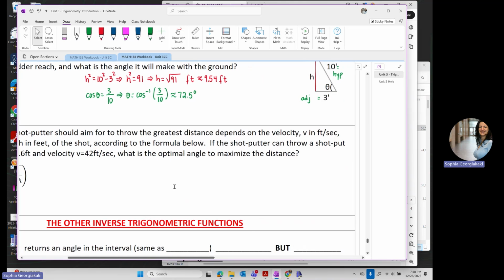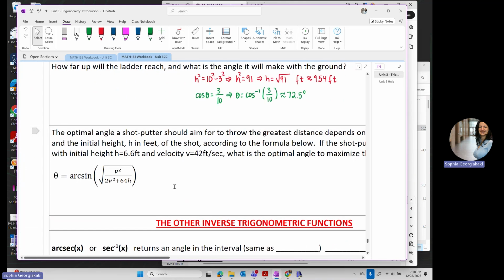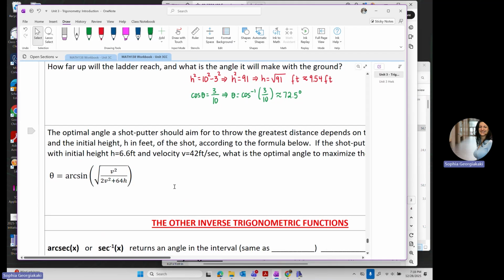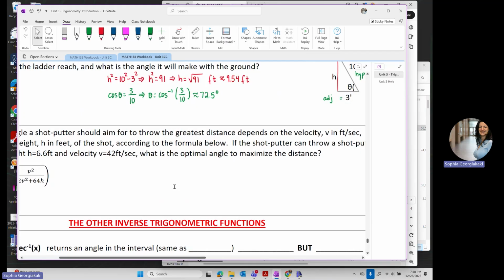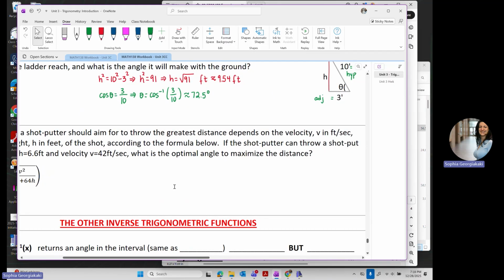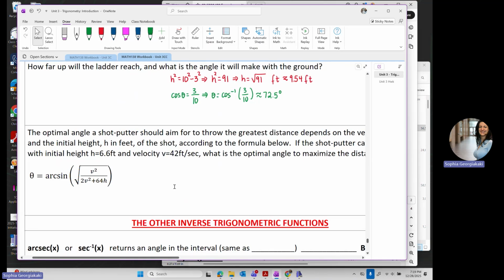If the shot putter can throw a shot put with initial height h equals 6.6 feet, and velocity v equals 42 feet per second, what is the optimal angle to maximize the distance? So they are giving me v and h, they are giving me the formula. All I have to do is plug in the values.